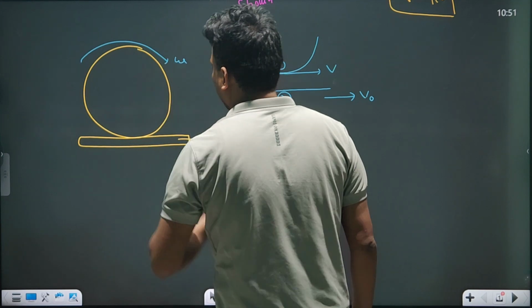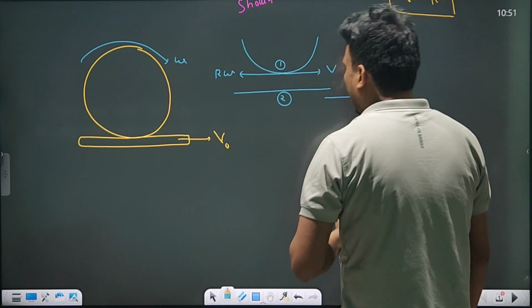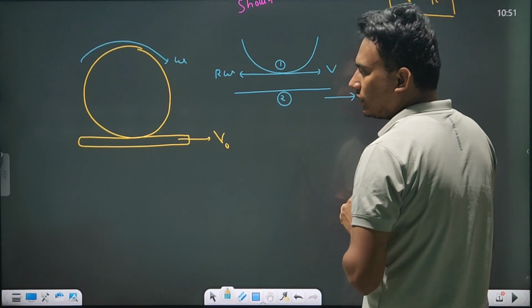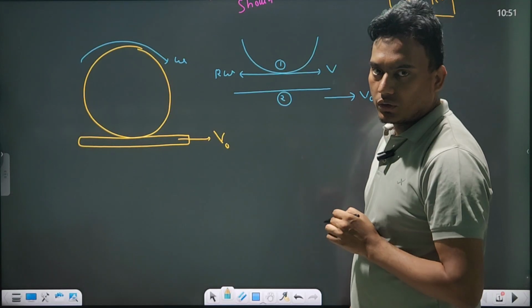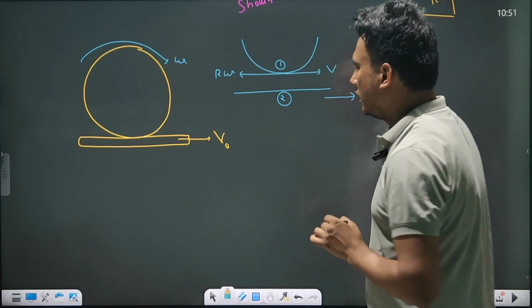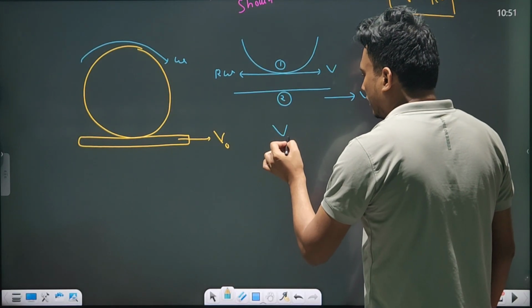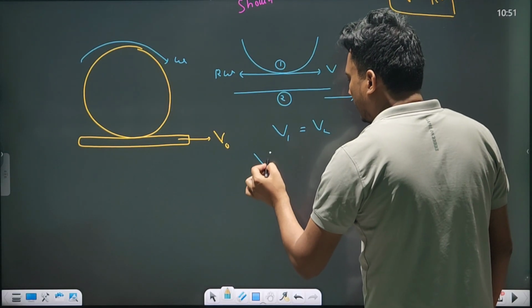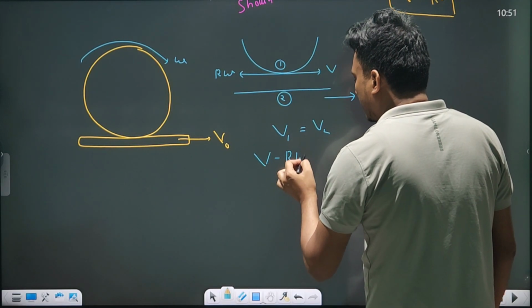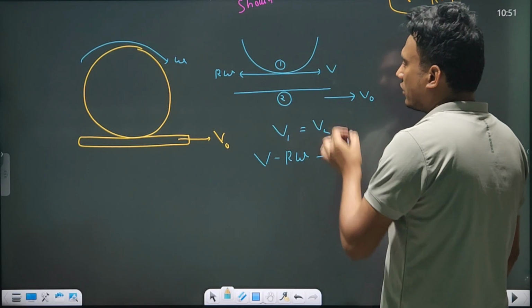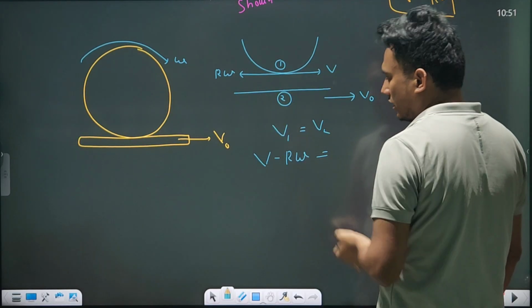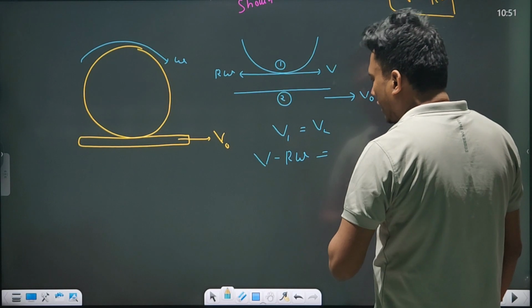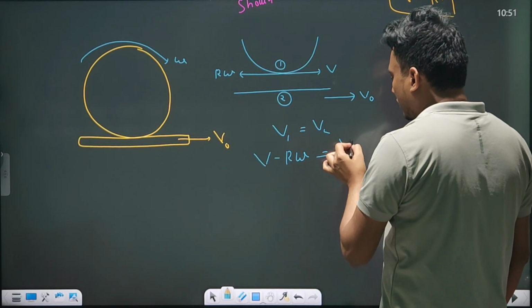Now if we apply the condition of pure rolling, what is the condition? Relative motion should be 0, so the speed V1 should be equal to V2. What is V1? V minus R omega. Why do we consider V positive and R omega negative? Because the right side is positive and the left side is negative. So V minus R omega equals the speed of the platform, which is V naught.